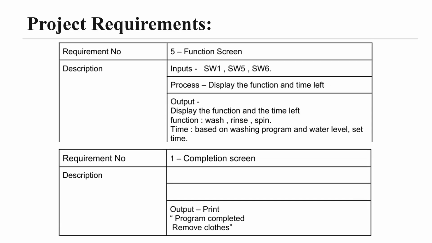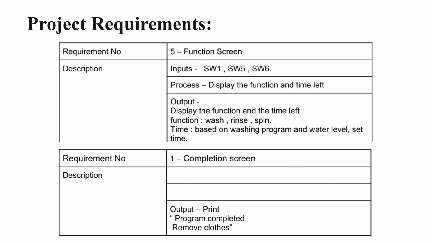Next is the function screen, which is the main part. It uses switch 1, switch 5 and switch 6 as its input. Basically it will display which function is going on, like wash, rinse or spin, along with the remaining time for that function.